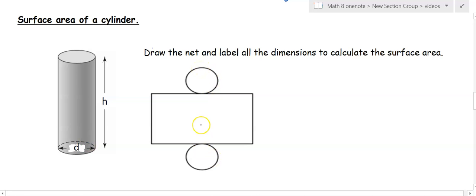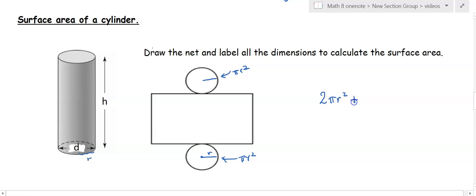So we have two circles and a rectangle. If this full distance across is the diameter, then half the distance is the radius. So one circle is pi r squared. The second circle is also pi r squared. So rather than going pi r squared plus pi r squared, we're going to say there's two circles.